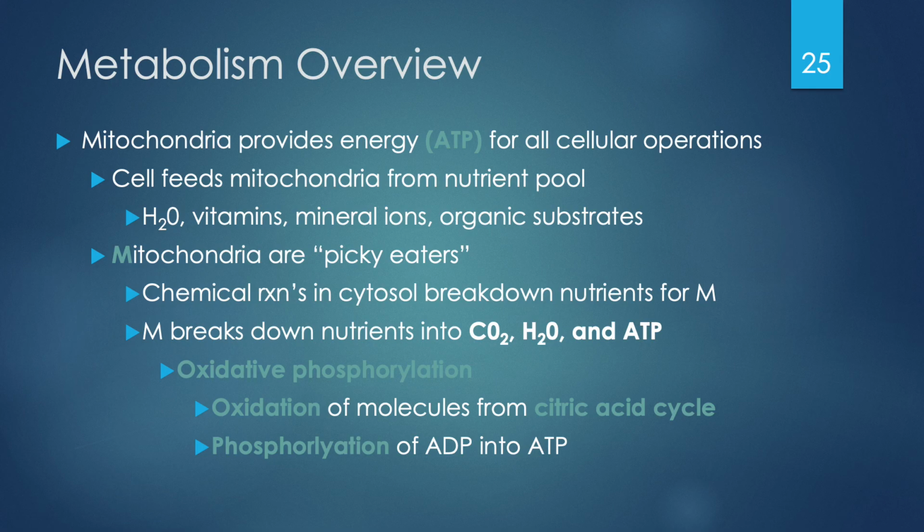And the mitochondria do this by a process called oxidative phosphorylation. Oxidation is the oxidation of molecules from the citric acid cycle, which we'll discuss coming up, and phosphorylation is turning ADP, or adenosine diphosphate, into adenosine triphosphate. Together, the oxidation and the phosphorylation is known as oxidative phosphorylation.